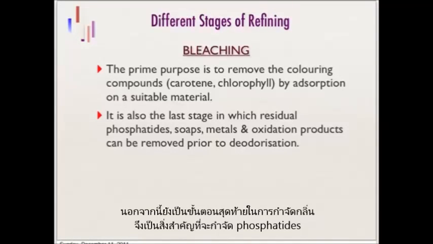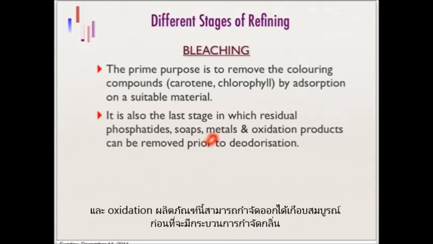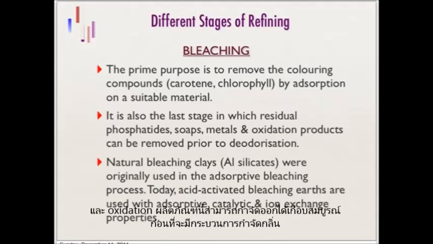Bleaching is also the last stage prior to the deodorization process. So it is important to remove any residual phosphatides from the previous degumming process, residual soaps from the previous neutralization step, and any residual metals and oxidation products. This has to be removed almost completely prior to the deodorization process.